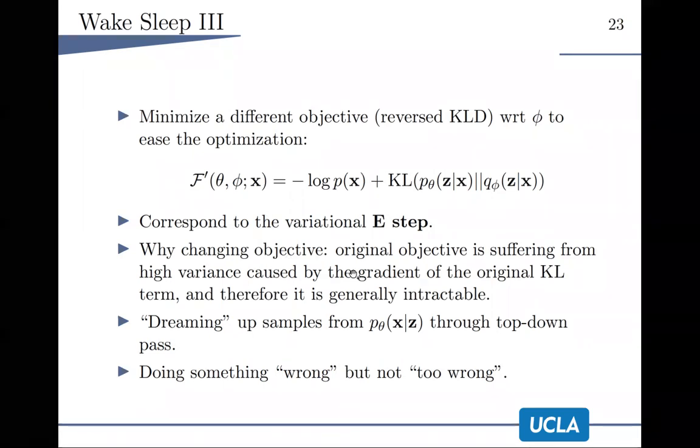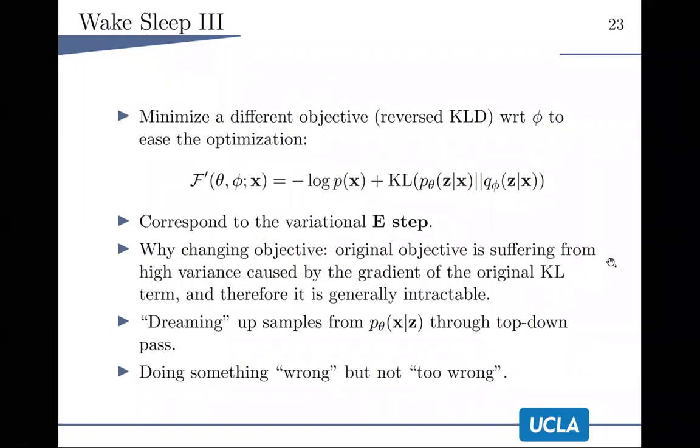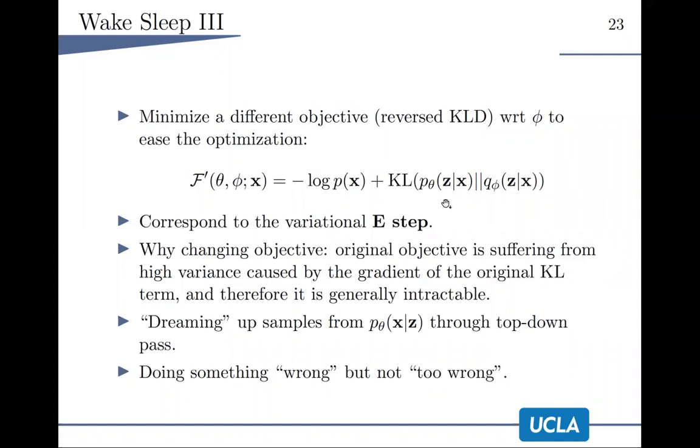The reason we change the objective is that the original objective function suffers from high variance caused by the gradient of the original KL term, and it's generally intractable.